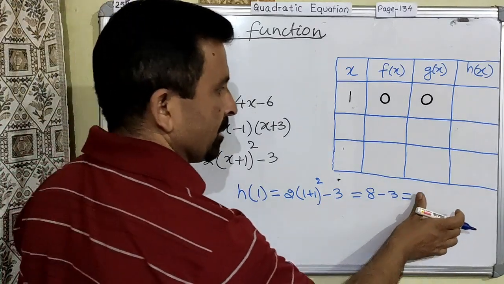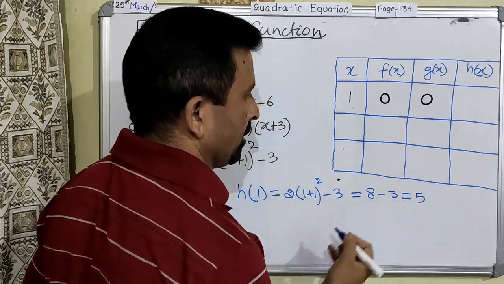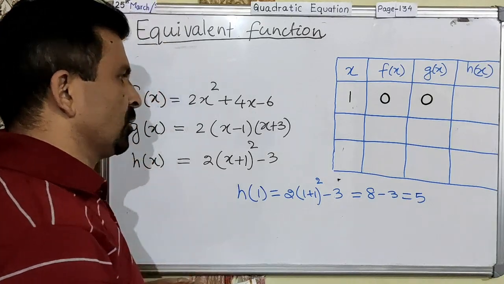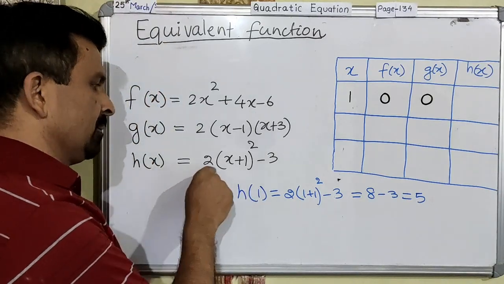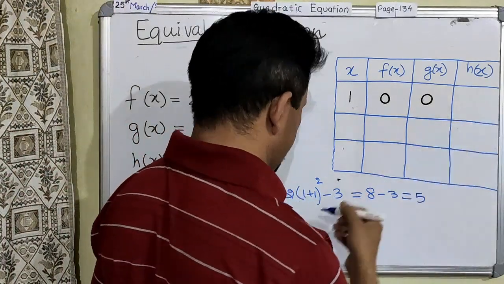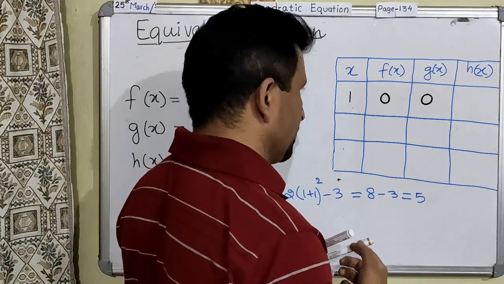Oh sorry, 8 minus 3 is equal to 5. Alright, so for x equal to 1 the vertex form is giving you the output as equal to 5. Clear?